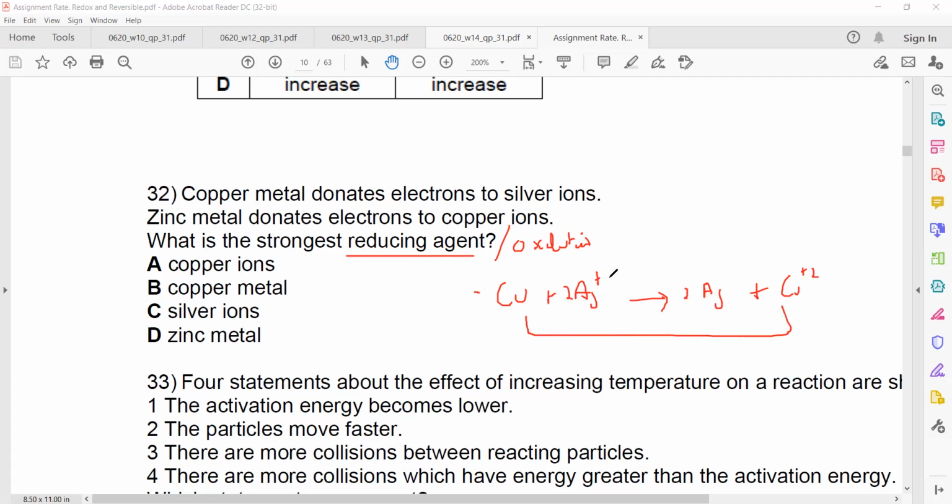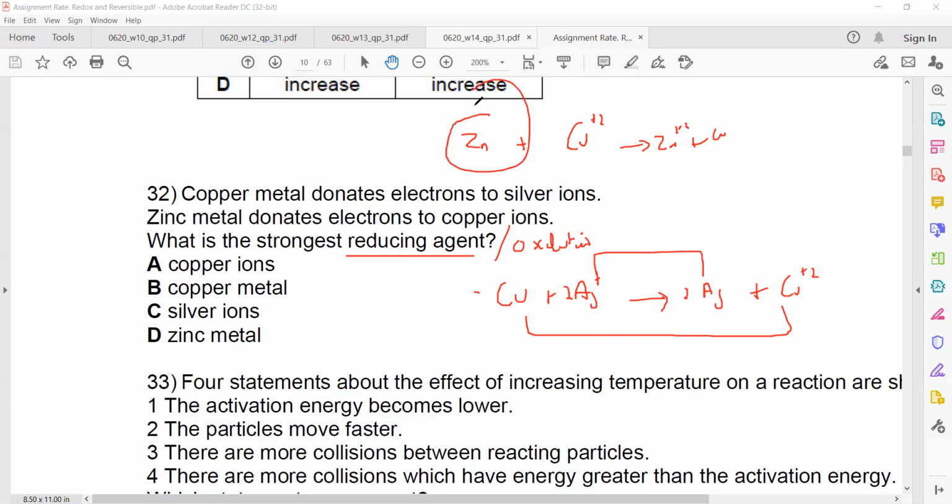So for copper oxidation happened, for silver reduction. But next, what happened? Zinc is able to displace the copper ion and turn into zinc ion and copper metal. So it shows copper can lose electrons to silver ion, and the same way zinc atom can lose its electrons to copper ion.